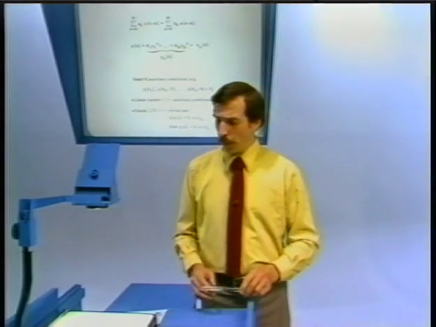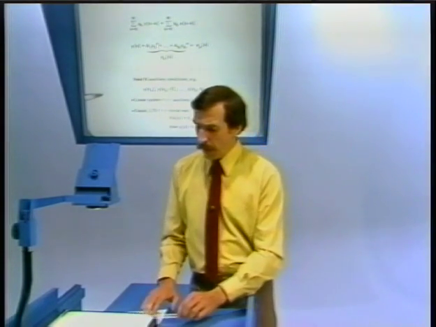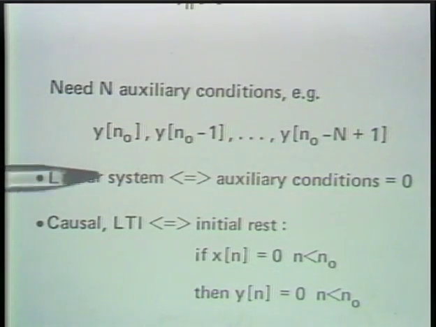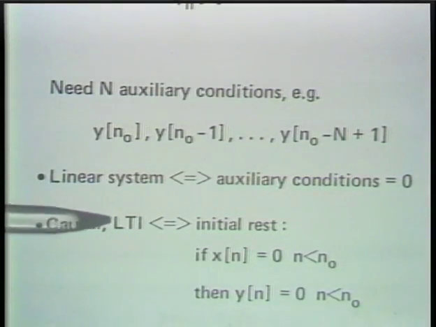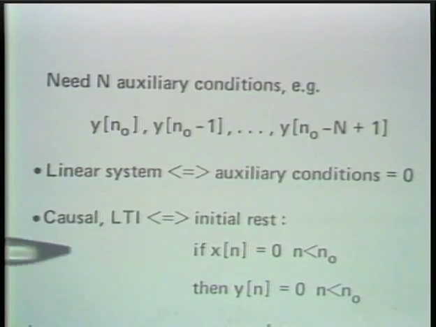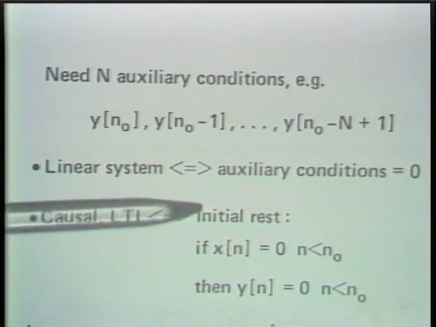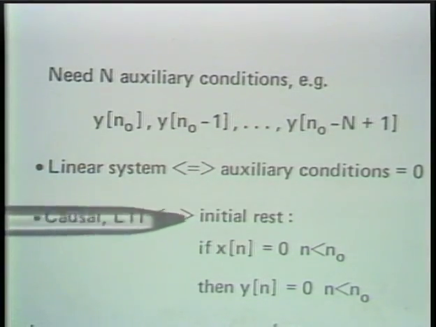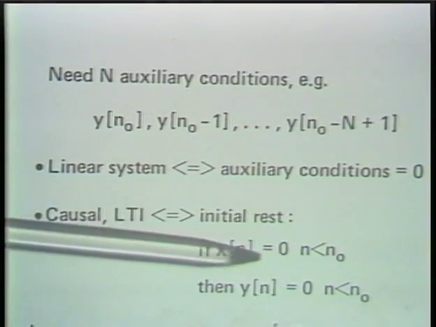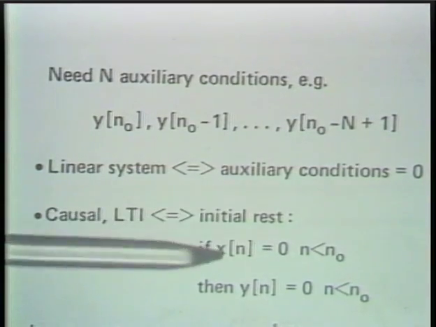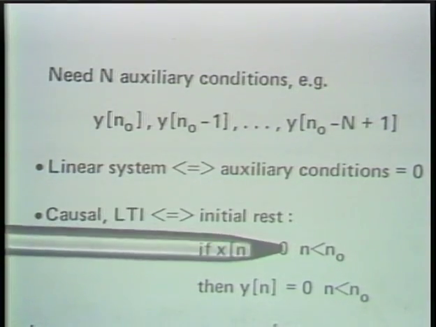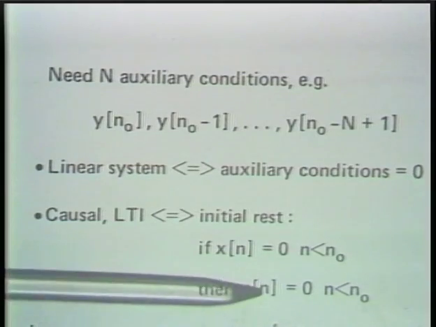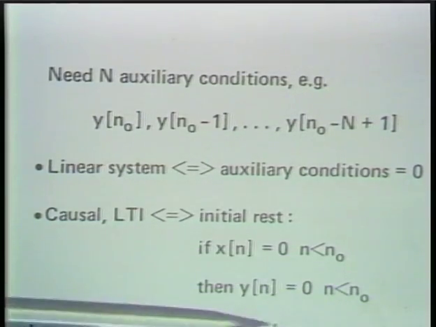In addition, what we may want to impose on the system is that it be causal and, in addition to linear, time invariant, and what that requires again is that the auxiliary conditions be consistent with initial rest, namely that if the input is 0 prior to some time, then the output is 0 prior to the same time.